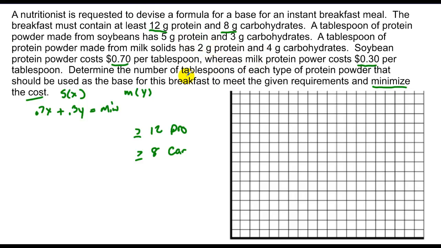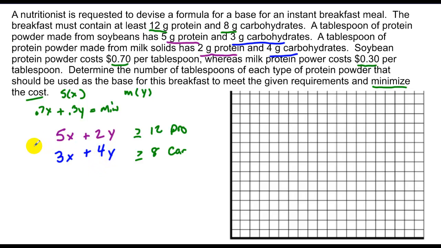So here's the protein information, 5 and 2. So I know in the soybean I have 5 for every soybean and 2 for every milk. Then I move over and I look for the carb information. And here's the carb, 3 and 4. So 3 for every soybean and 4 for every milk.